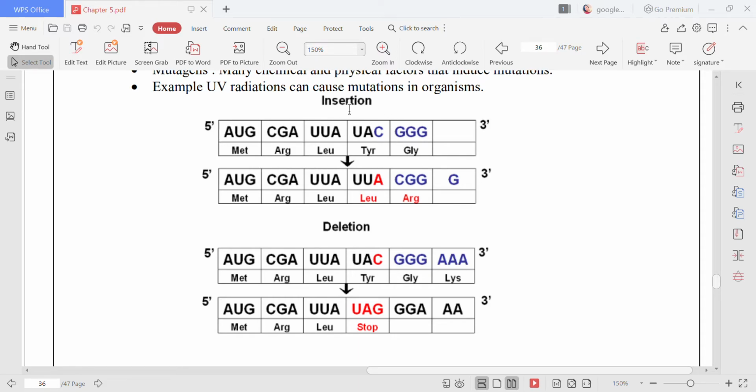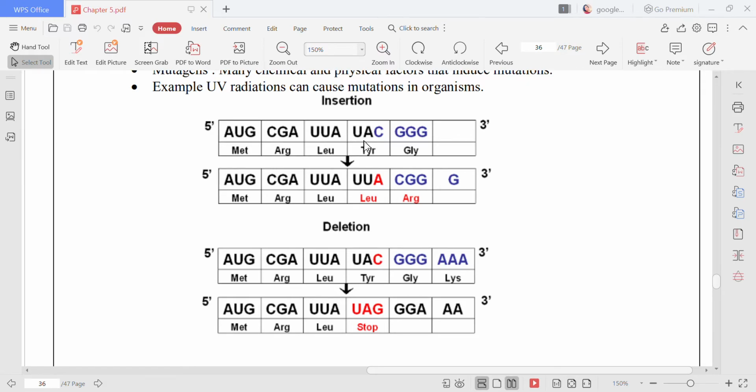Now what happens in insertion? Insertion means that something has been added. Now you see, there was a coding going on AUG, CGA, then UAA, and then UAC, but suddenly here something got inserted. After UAA, a U was inserted.